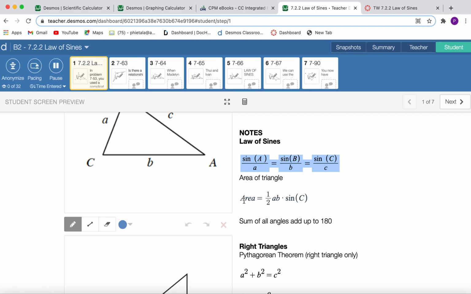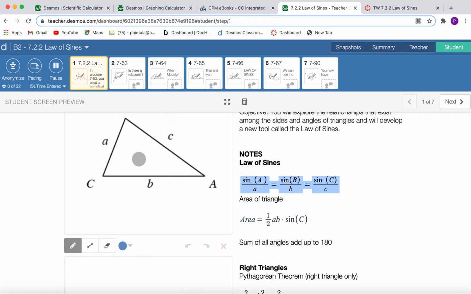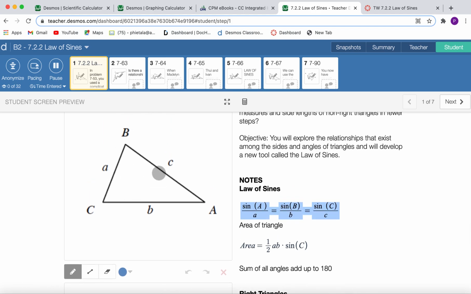Okay, once you have all those letters filled in, your ABC and your capital ABC, you can solve this. And you guys will notice whatever you pick for sides A, B, and C, it doesn't matter. Okay? If you or your friend all have different sides, it won't make a difference because they're all proportional in the end.